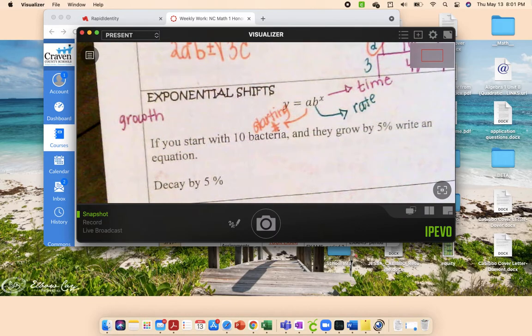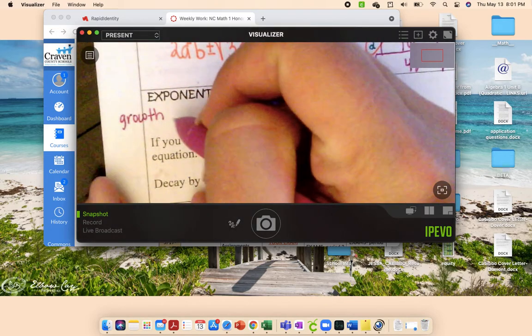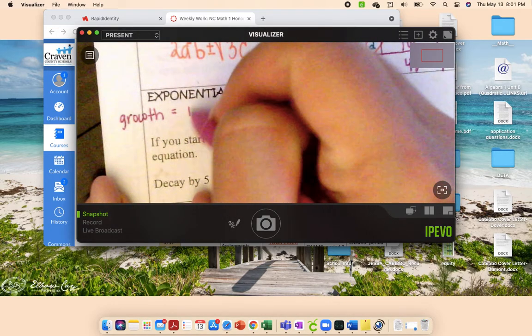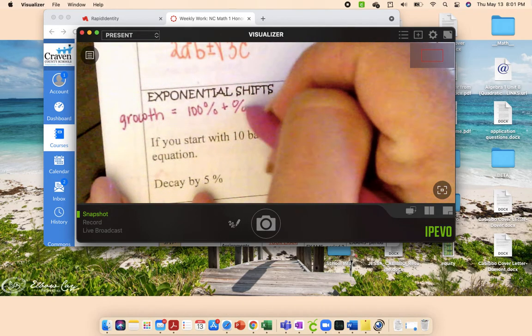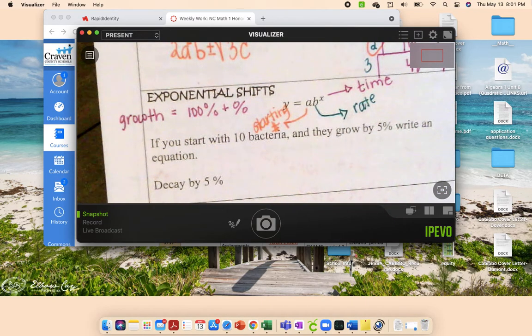If you were getting 3% interest at the bank, you want to keep 100% of that money that you've invested and make an additional 3%. So we have 100% plus the given percent that you're using. Realize we never are going to put percents into our equation, so that is something that you will have to convert to decimal form.